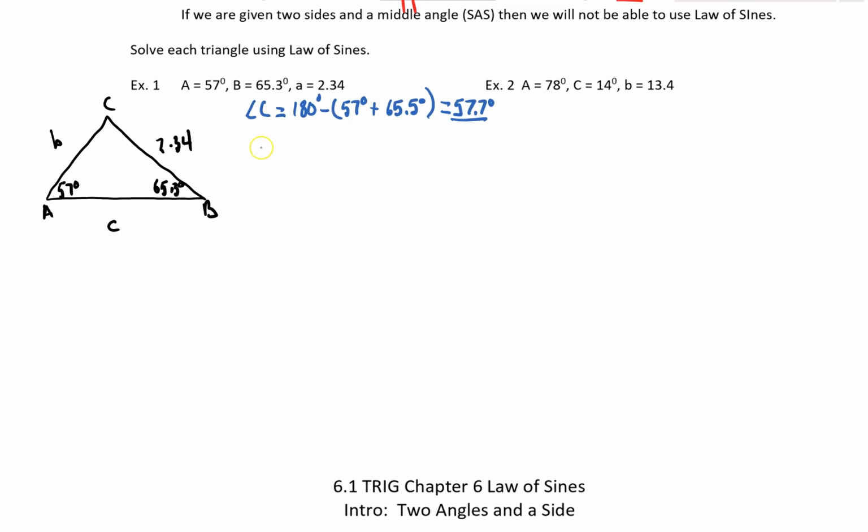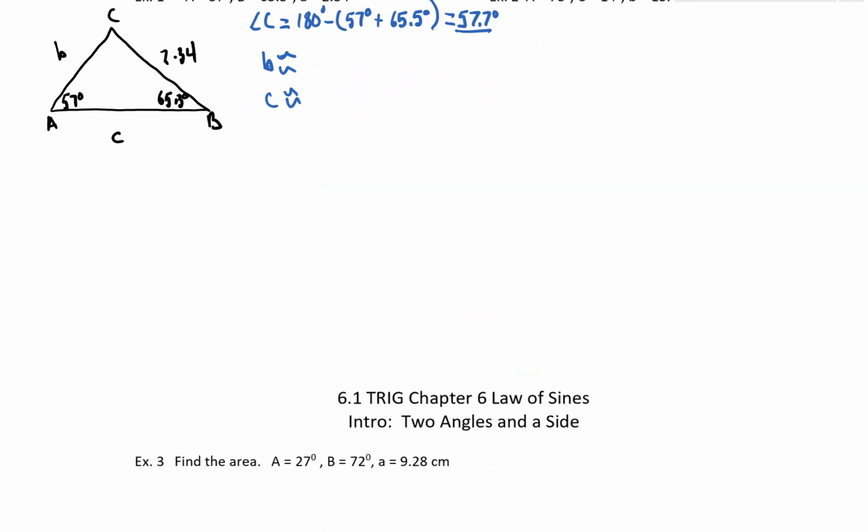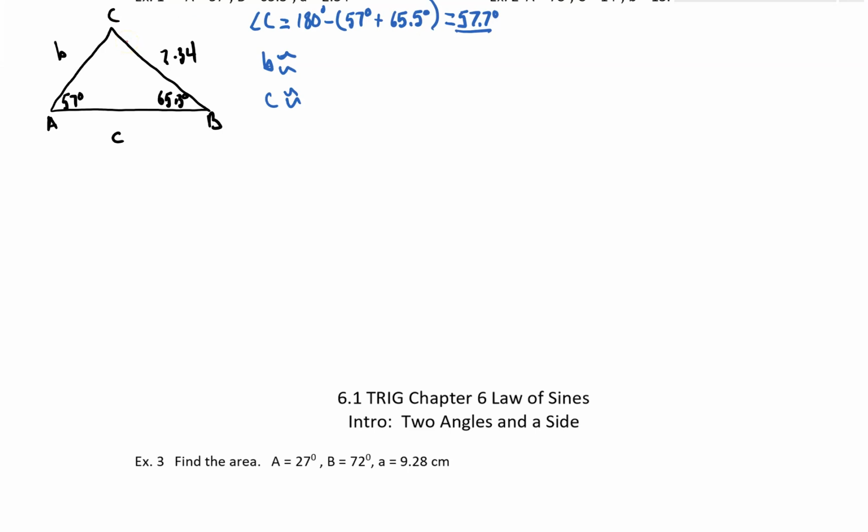Then we also need to find little b, and that will be an approximation, and little c, also an approximation. I'm going to do the work underneath here for these two last final answers. So for length b, one thing to always keep in mind, we do need our h. To find h, we can only use the right-hand side since they gave us the little a here.